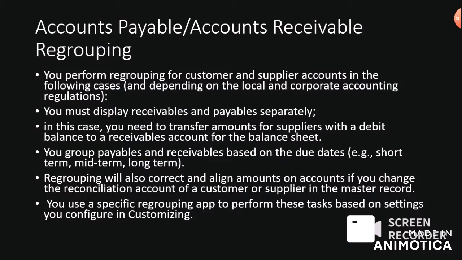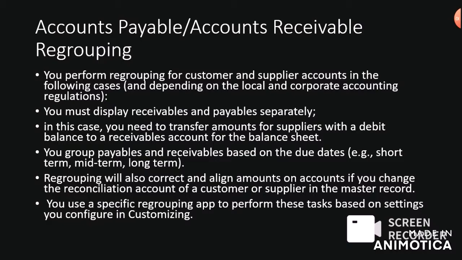Regrouping will also correct and align amounts on accounts if you change the reconciliation account of a customer or supplier in the master record. So what does that mean? What regrouping actually does is correct and align amounts on accounts if you change the reconciliation account.